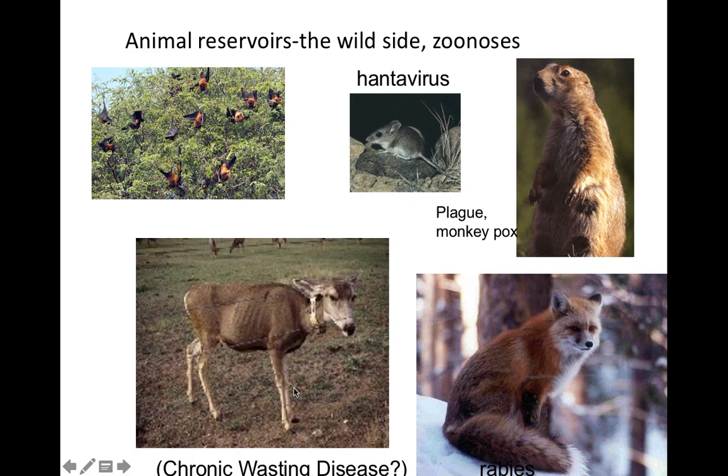Remember, chronic wasting disease is the prion disease of deer, elk, and moose, and it's not documented as zoonotic. But remember, with those doggone prions, they're really sneaky at being able to jump hosts.